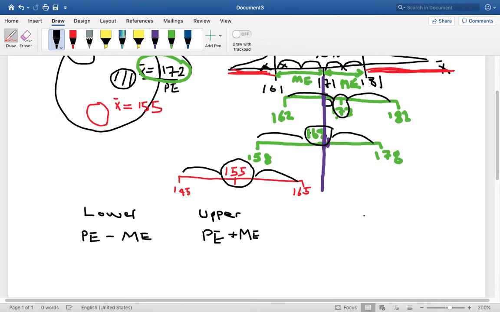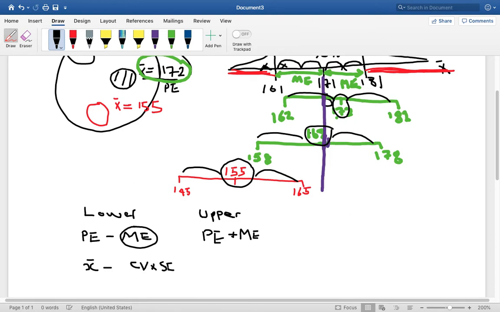Now, in our particular case, if we assume that we're looking at means, the average height, your point estimate will be X bar. And if we assume we have a normal distribution, the margin of error is going to be your critical value times your standard error.